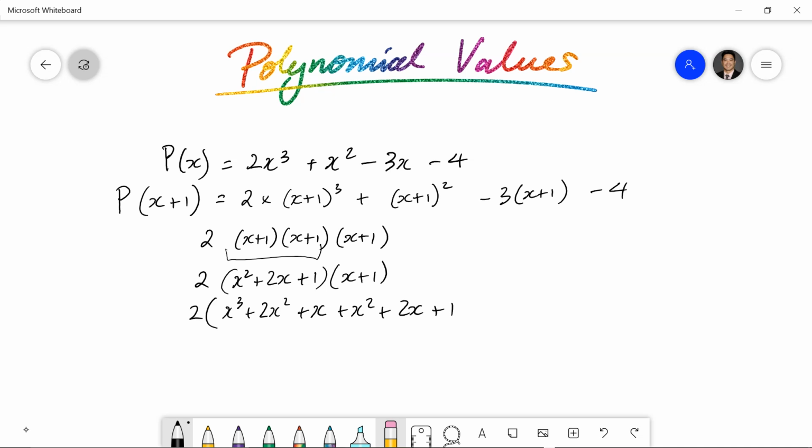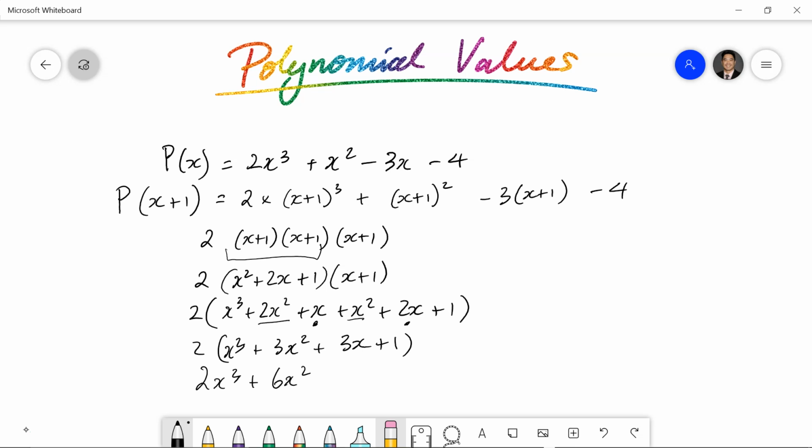Before we multiply by the 2, I'd like to combine like terms. So we've got 3x squared plus 3x plus 1, and we're going to multiply that by 2.